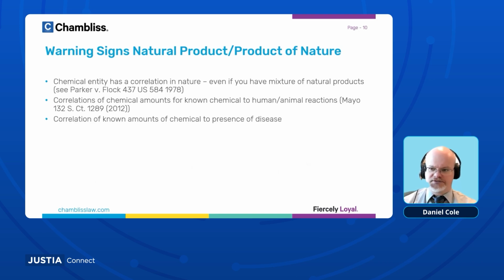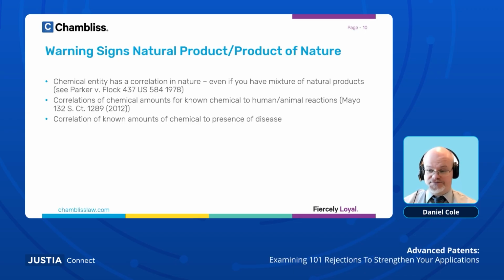Warning signs for this: if you have a chemical entity that has a counterpart in nature, you're going to run into this problem. Now, this is true even if you have a mixture of natural products. The case for this: there were bacteria that were used in fertilizers to keep off various pests.